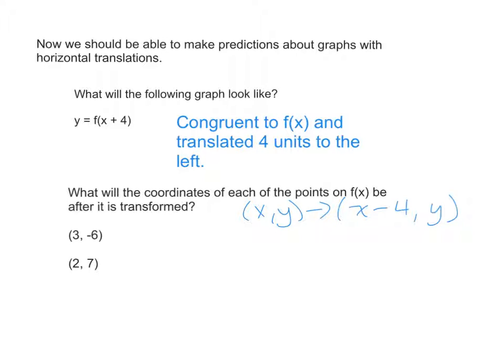So 3 minus 4, so this goes to negative 1, and y stays the same at negative 6. And for the second one, it was 2, 7, so it goes to negative 2 and 7. 2 minus 4 is negative 2, 7 stays the same.